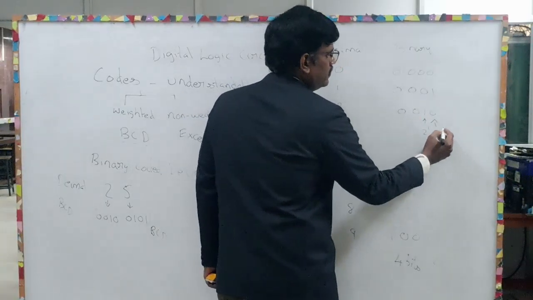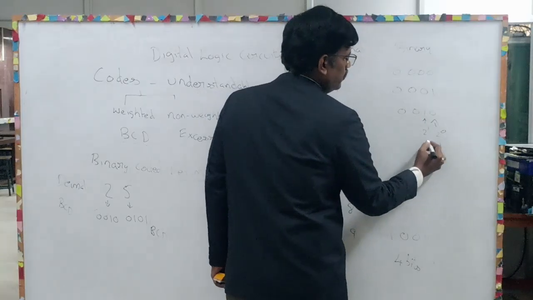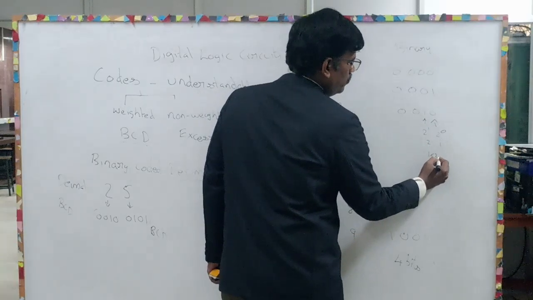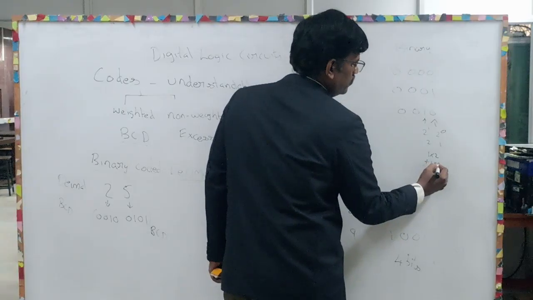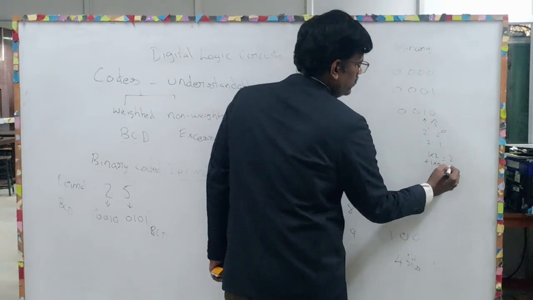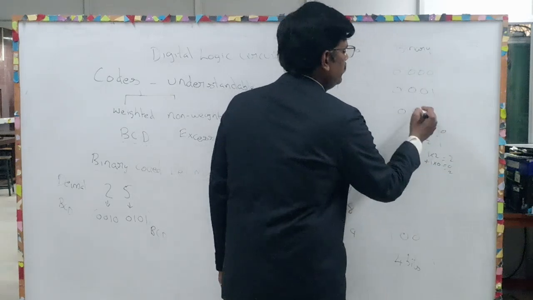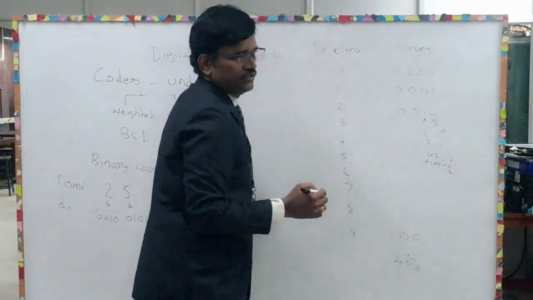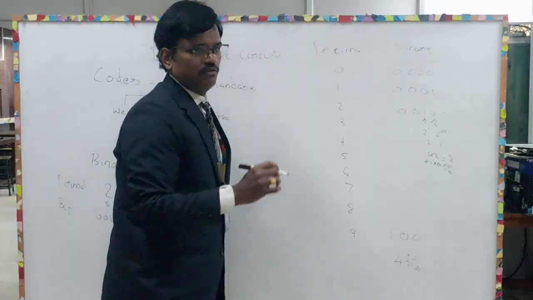So, when you take this, this is going to be 1, this is going to be 2. So, it is going to be 1 into 2 plus 1 into 0. So, this will be 0 and this will be 2. So, the value is going to be 2, and that is why this is a weighted code.